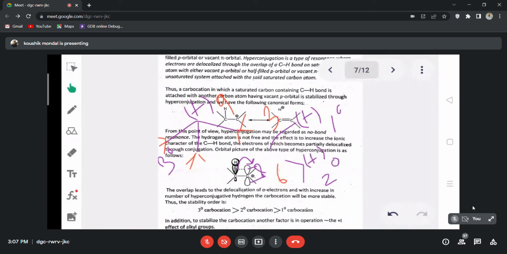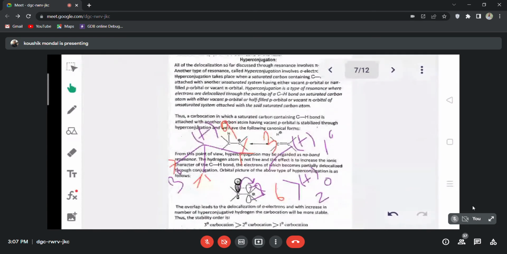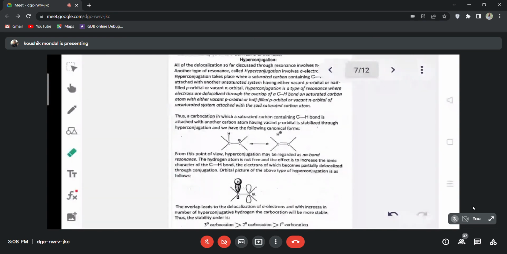It is also given in this note, where I have given no bond resonance. I will share both the PPTs after the session. I'm removing this one.